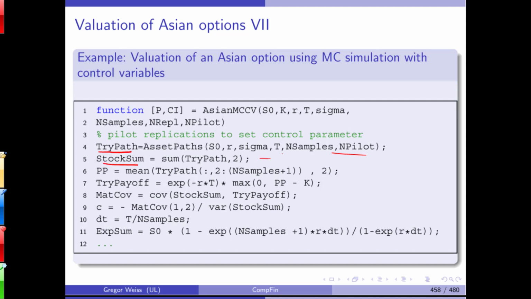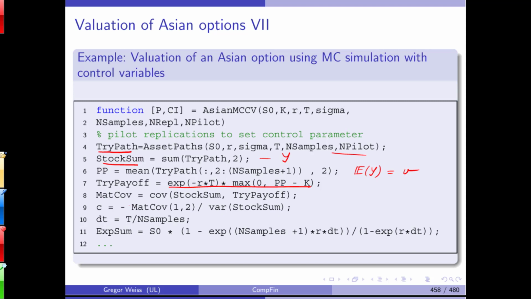That's our variable y. PP is the mean of try path. So that's y, or in this case rather nu, we call it nu. Try payoff is the payoff of the option.